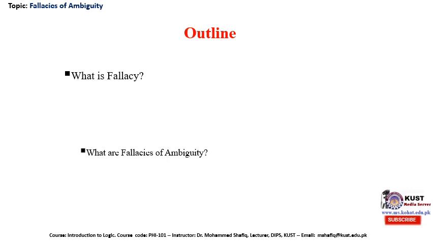When an inference is drawn in this kind of argument, it is fallacious, and we call it a fallacy of ambiguity. Now, there are 5 types of fallacies of ambiguity, which we are going to discuss one by one.